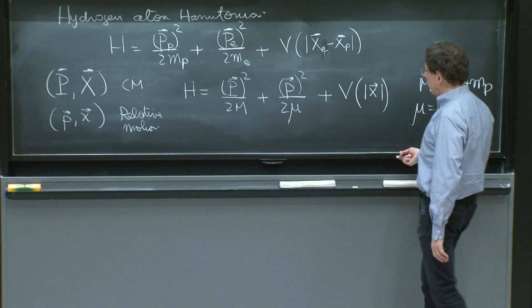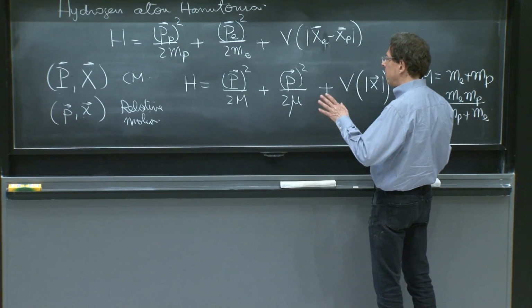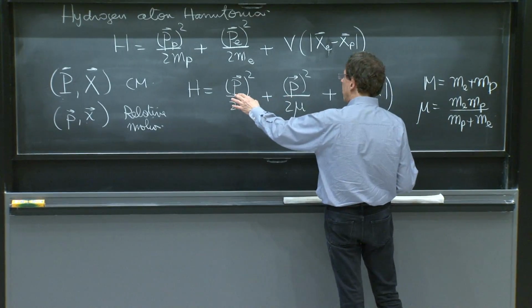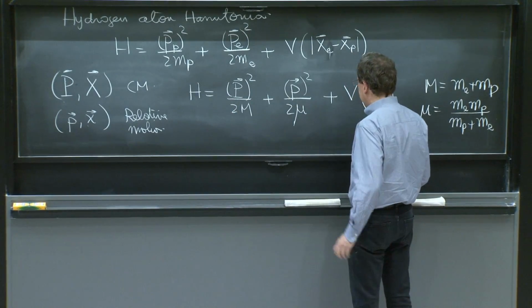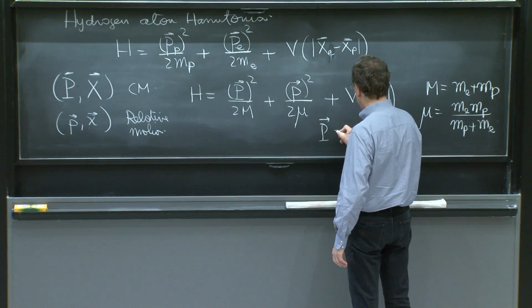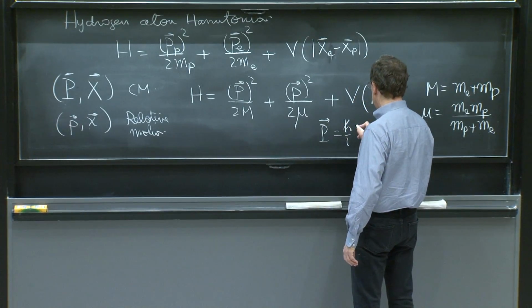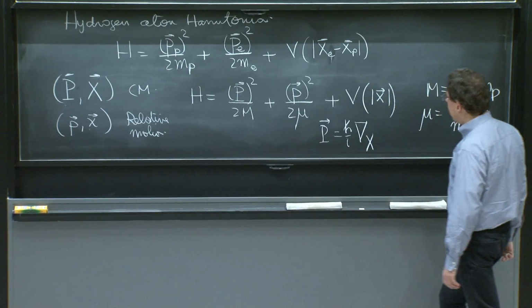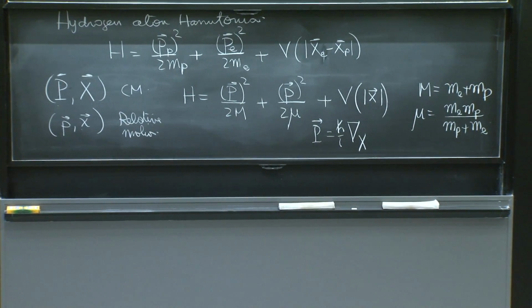Another thing to notice, of course, is that if you're already thinking of a Schrödinger equation in which you will think of the momenta as derivative operators, the center of mass momenta should be thought as a derivative operator with respect to the center of mass position.